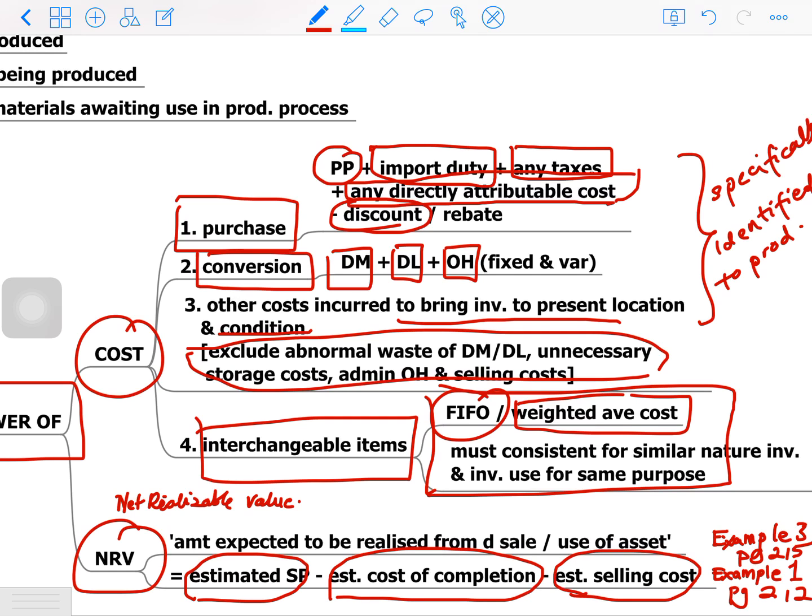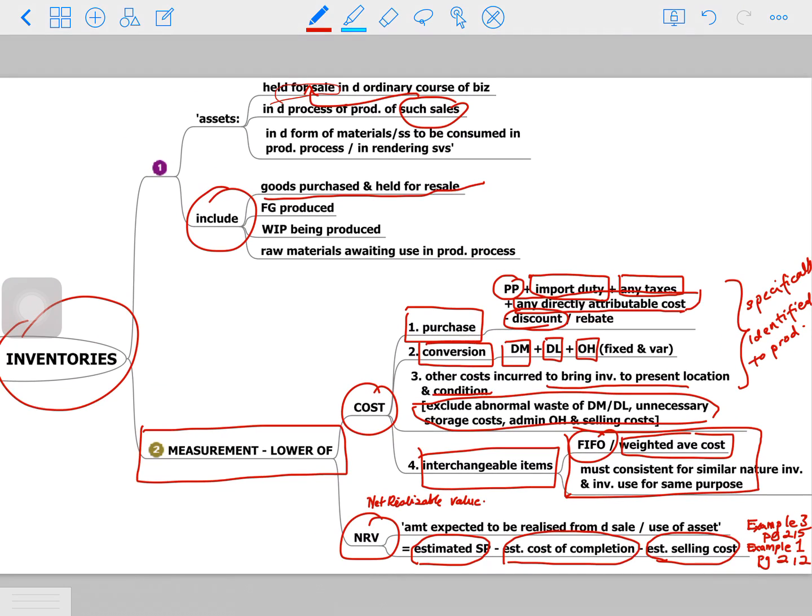Selling cost maknanya cost to complete the sale. Net realizable value. And the notes that I have given you in your reference text yang saya dah email, ada example number 1 and example number 3.